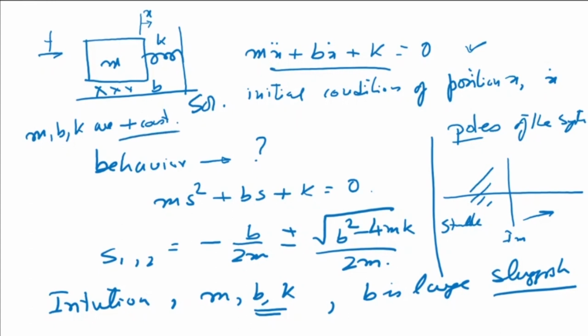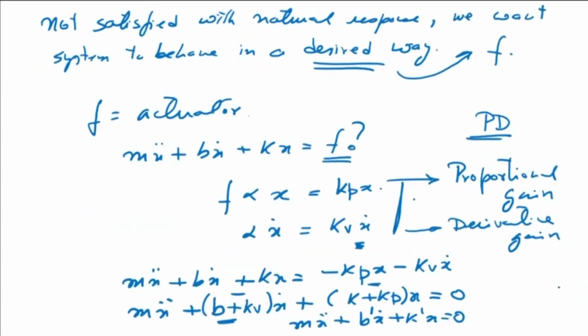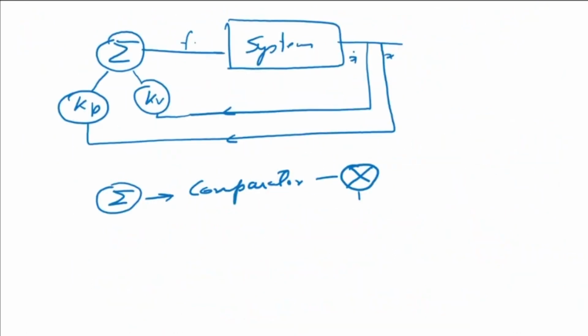Now we know that especially the damping need not be a constant. Spring stiffness also need not be a constant. It is constant only for a linear region, not otherwise. So in a real system, this b and k need not be constants. If they are not constants, then we have to have some other way to include the variation of these b and k parameters, or in fact any other parameter.